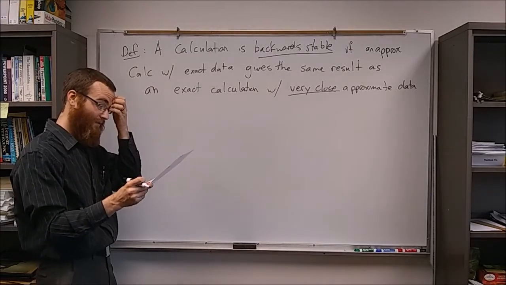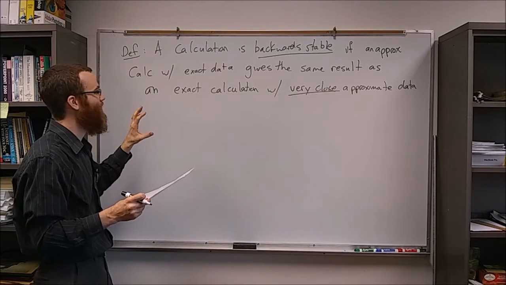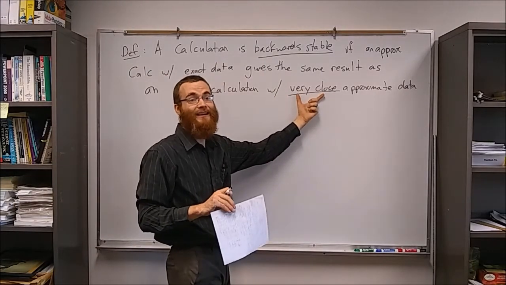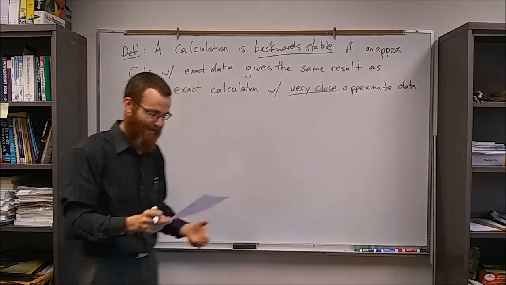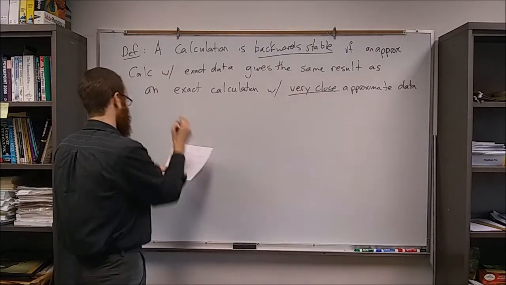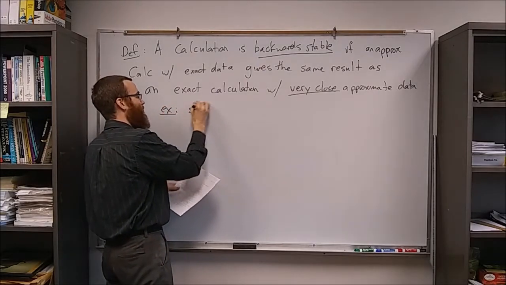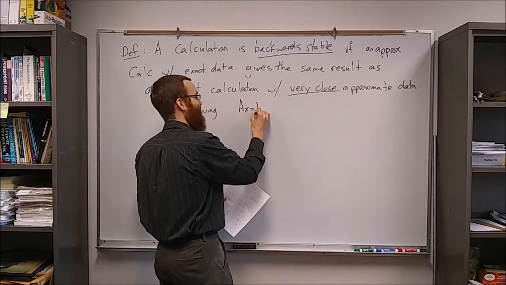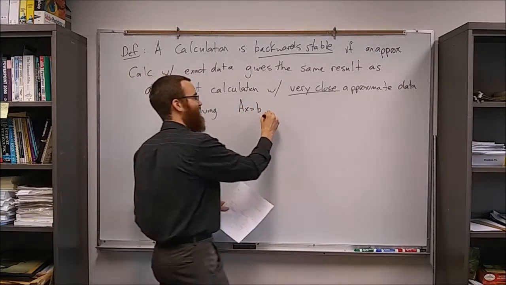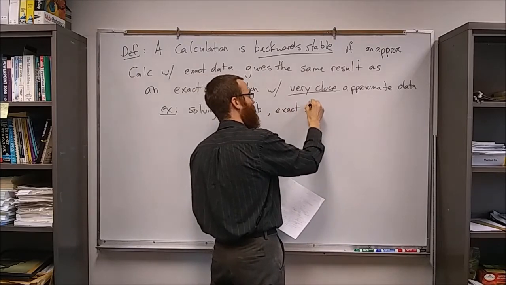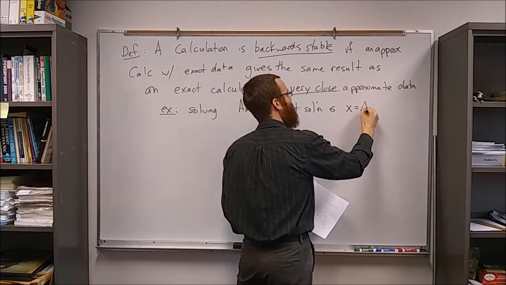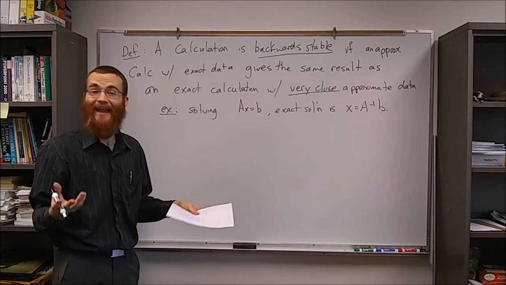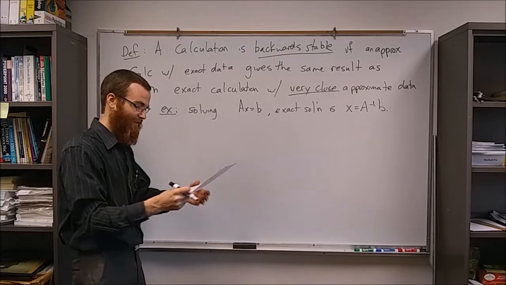And so this very close is important because we need that in order to guarantee that our solutions are accurate using this method. So, as an example, if we're solving AX equals B on a computer, the exact solution is X equals A inverse B. That's just what you would calculate, say, by hand, if you could do it, just with infinite precision.